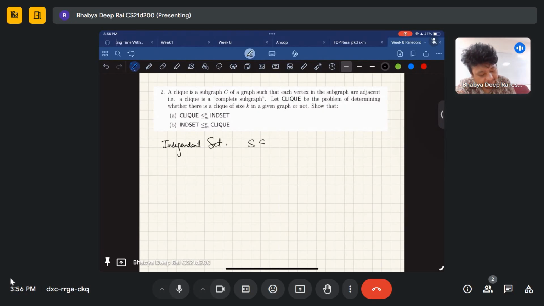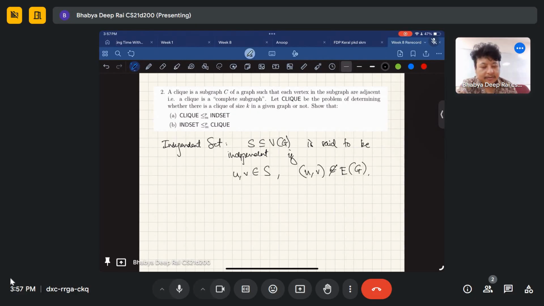A subset of vertices is said to be independent if no matter what pair of vertices I choose, no matter what u, v I choose from S, u comma v will never be an edge.